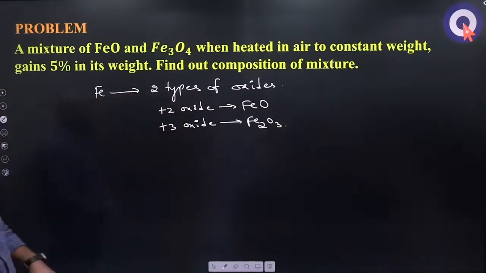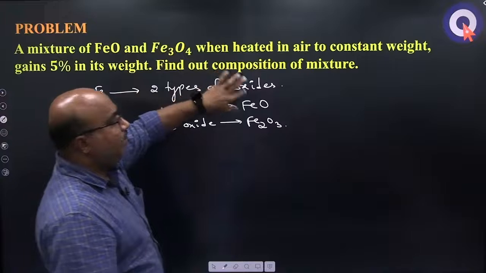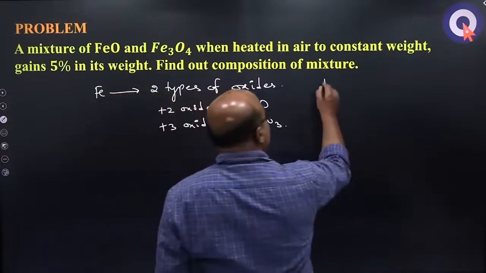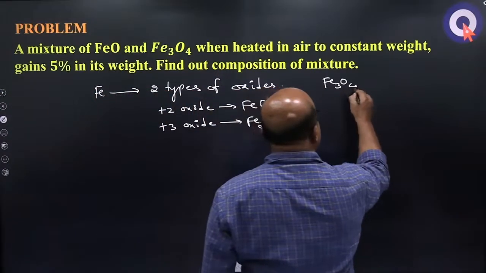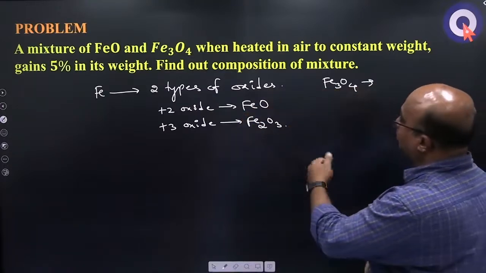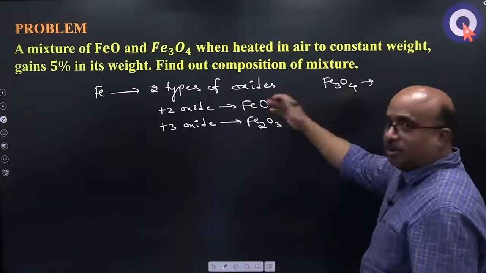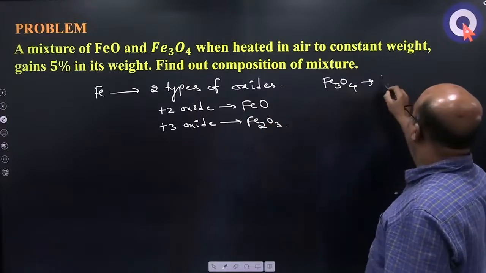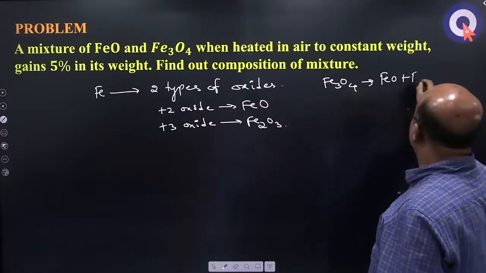So what is this Fe3O4 maybe? That Fe3O4 may be a mixture of these. In what ratio should they be mixed? 1:1 maybe. So then it is nothing but a mixture of FeO plus Fe2O3.